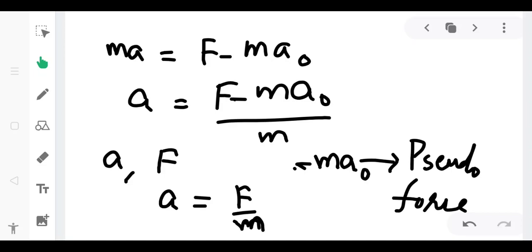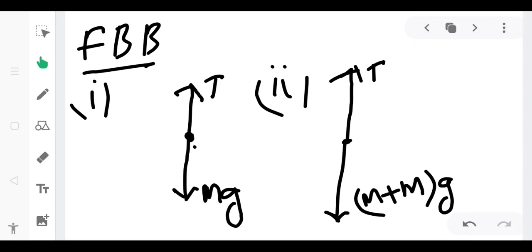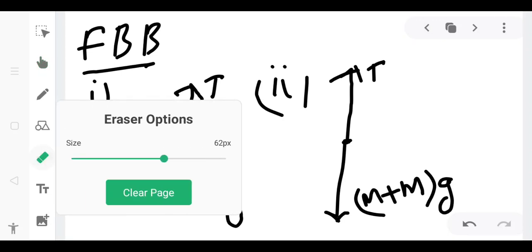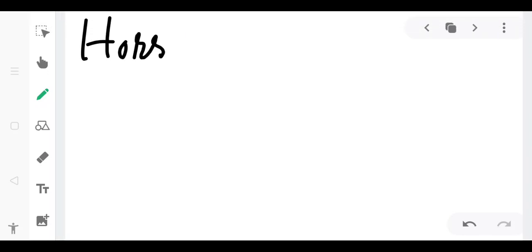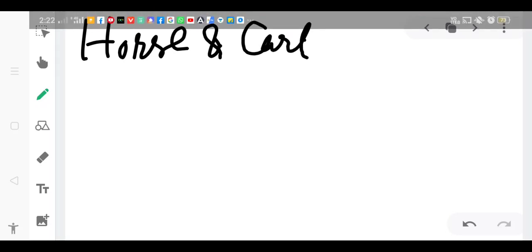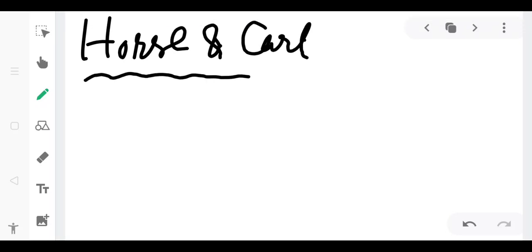And after that, now let us discuss a very important case in daily life, which is horse and cart. So what is this horse and cart concept? Horse and cart.